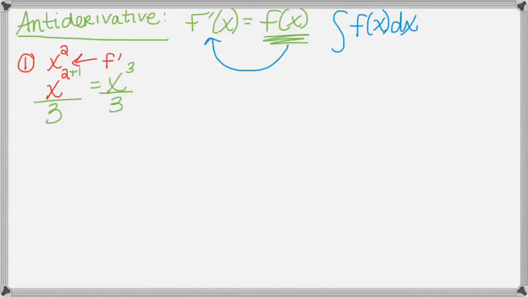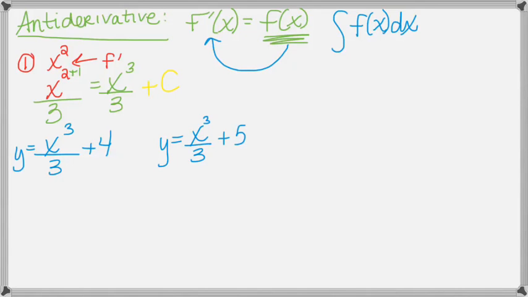The part that we haven't talked about that's really important is this idea of plus c. Plus c means that if I had x to the third over 3 plus 4, that was one of my y's, and let's say I had another function where y is equal to x to the third divided by 3 plus 5, if I took the derivative of either one of these, I can't really tell which one's which, because I'm still going to get x squared for both of them.